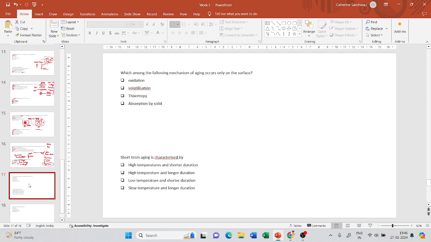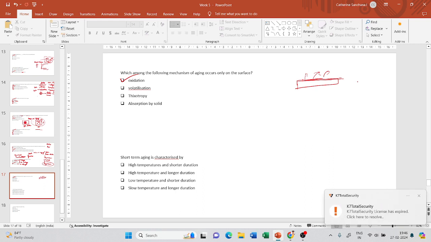Which among the following mechanisms of aging occurs only on the surface? Okay. If you see, oxidation occurs only on the surface, we all saw, because only when you keep a bitumen and subject it to aging, the topmost surface will be oxidized, okay, unless and until you force air into it, only the topmost surface will be oxidized.